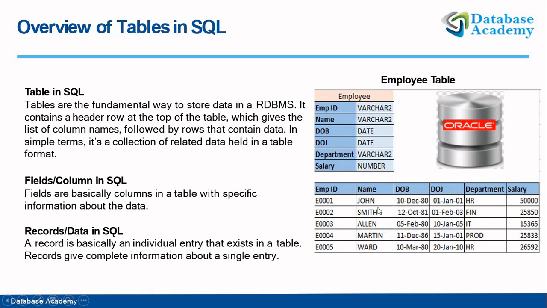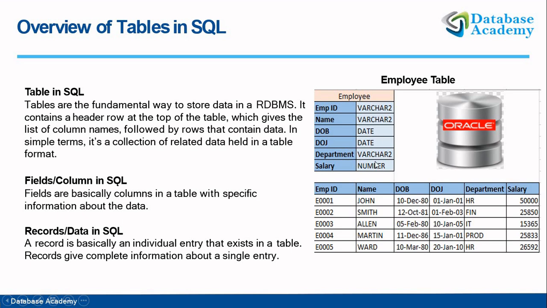How we can create table structures, that we will understand. For the time being, you can see that this is the employee table with all these details. Once we create a table structure, we need to mention all the column names and their respective data types.